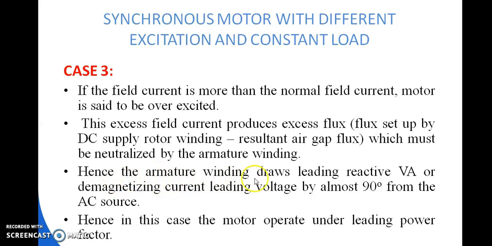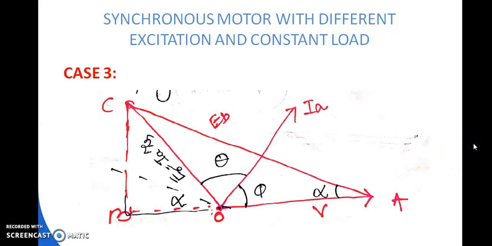Hence, the armature winding draws leading reactive volt ampere, or demagnetizing current leading the voltage by almost 90 degrees, from the AC source. Hence, in this case, the motor operates at leading power factor. This is the case of leading power factor.